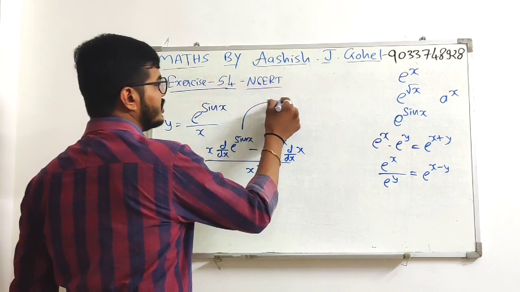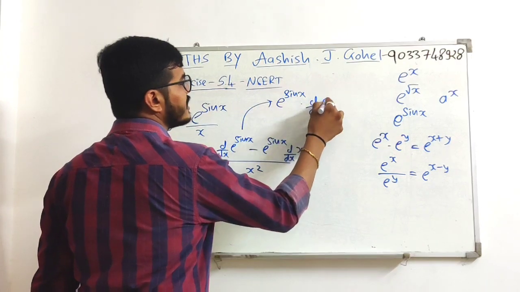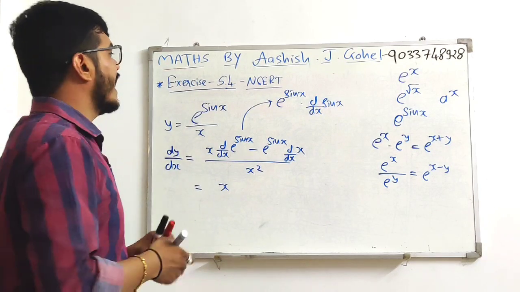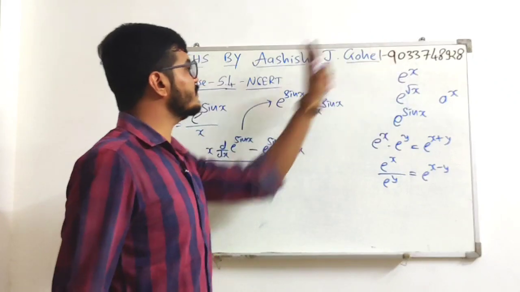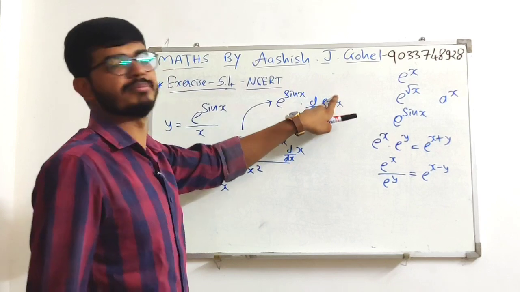So here the differentiation will be e raised to sin x, but again I need to differentiate sin x according to the chain rule. As per the chain rule, if in place of x any other function is given, then that second function will be differentiated a second time.